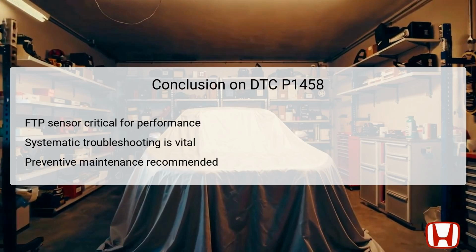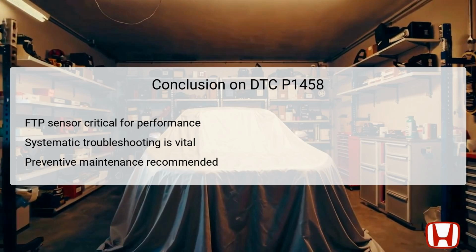In conclusion, understanding the implications of DTC P1458 allows for informed and effective troubleshooting of the FTP sensor circuit and related components. The FTP sensor's role in managing fuel tank pressure is vital not only to vehicle performance, but also to environmental compliance.